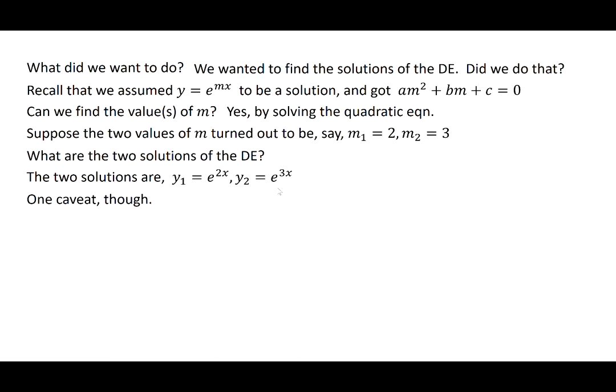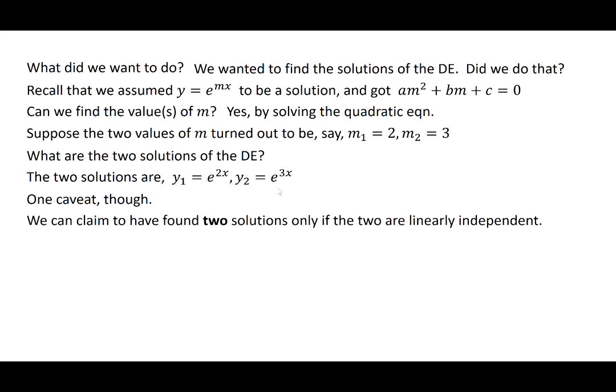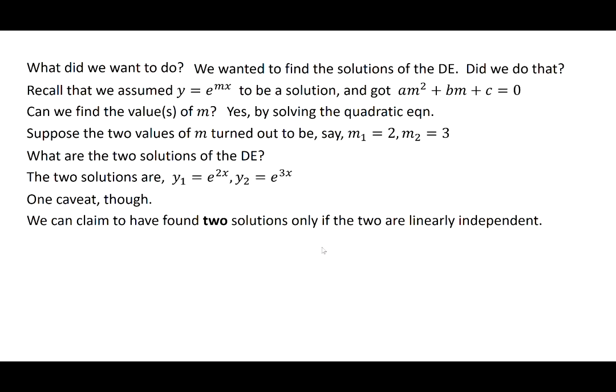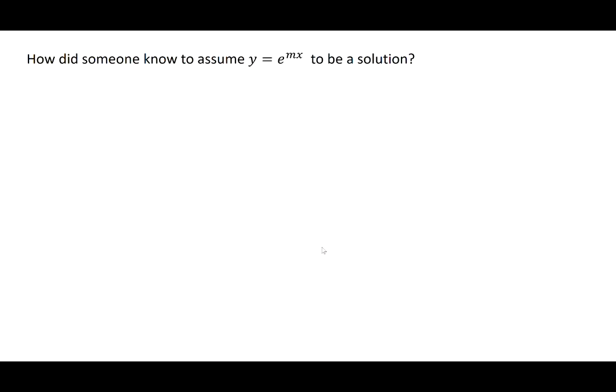Great. One caveat though. We can claim to have found two solutions if the two are linearly independent. Well, is there a case where the two will not be linearly independent? Yeah. So we'll cover that in just a second.